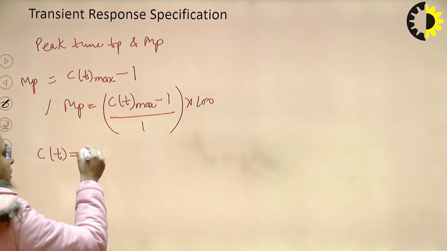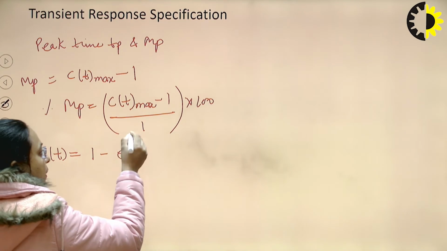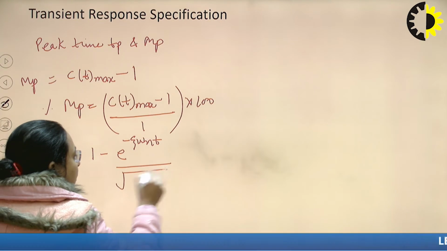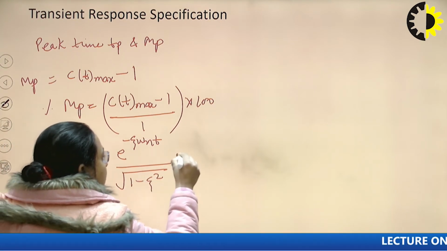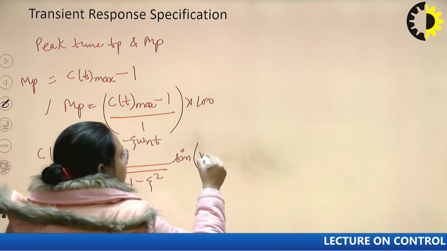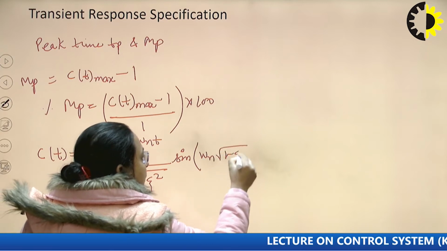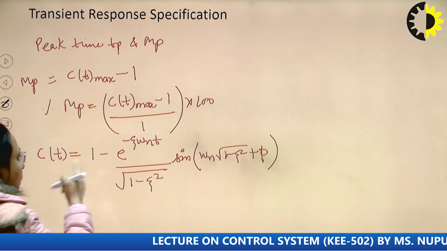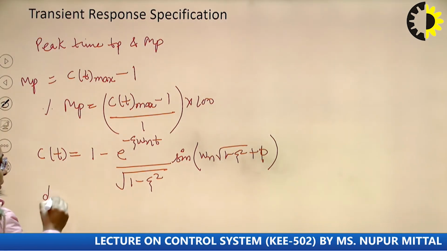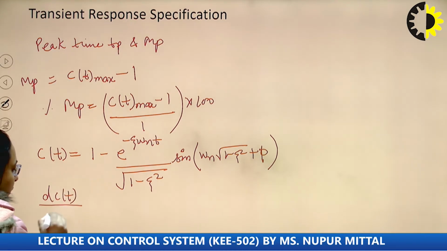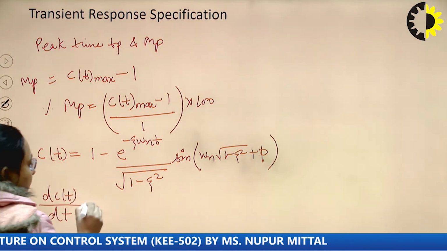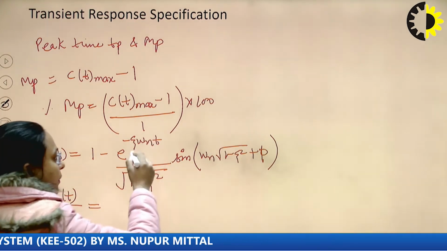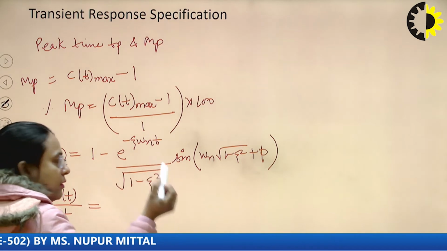So we have C(t) equals 1 minus e raised to the power minus zeta omega n t upon under root 1 minus zeta square into sine of omega n under root 1 minus zeta square t plus phi, right? So now differentiating dC(t) with respect to t, this constant term will become 0. Now differentiating the other term by parts, first this, then this.